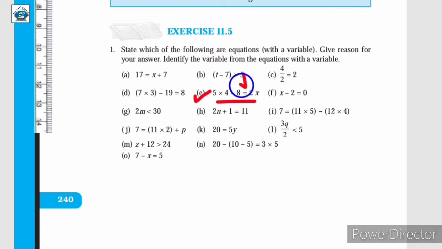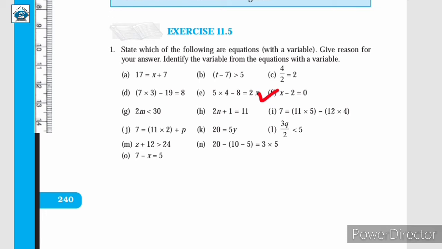In the next part, we are given 5 multiplied by 4 minus 8 is equal to 2x. Here there is the sign of equality and also we can see the variable x. So 5 multiplied by 4 minus 8 is equal to 2x is an equation because it has the variable x and it also has the equality sign. Next, x minus 2 is equal to 0.